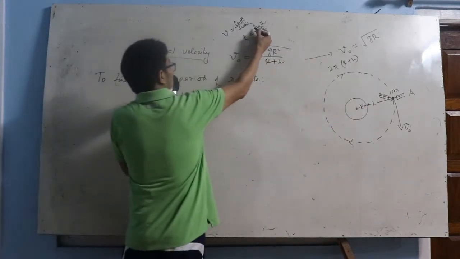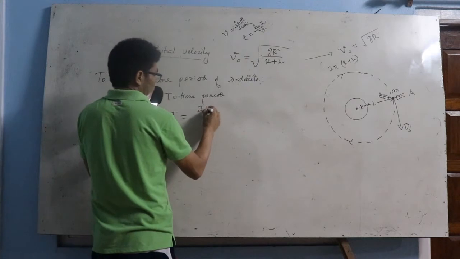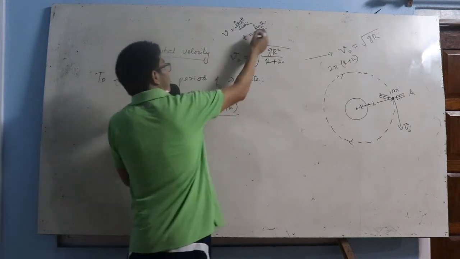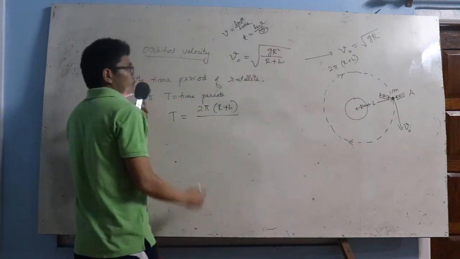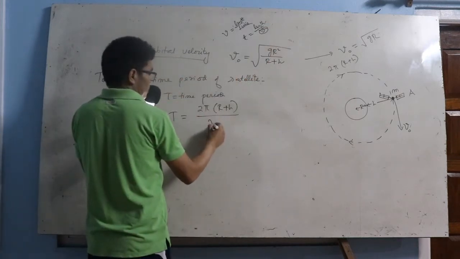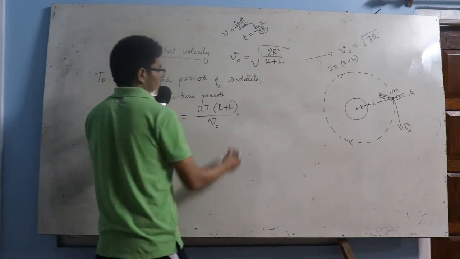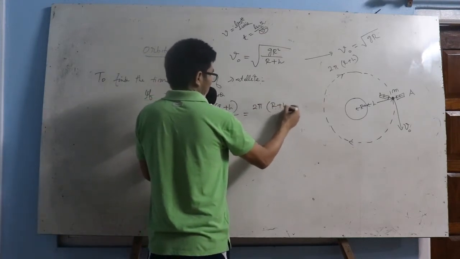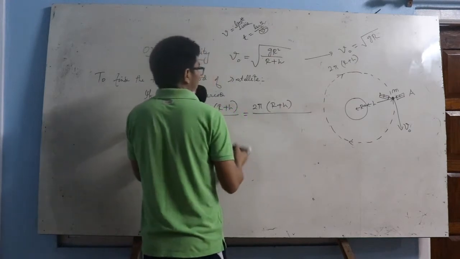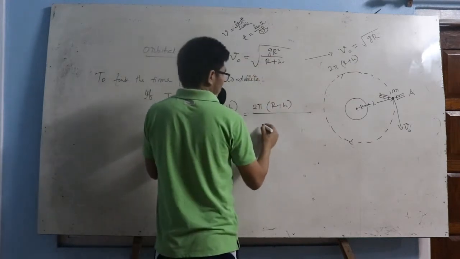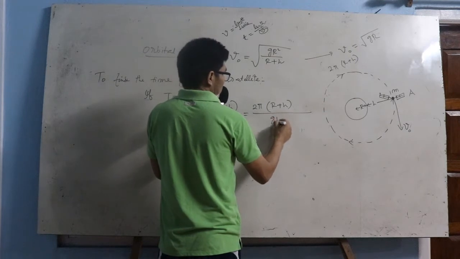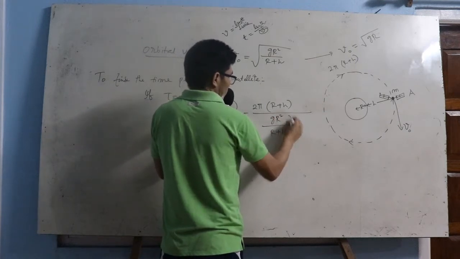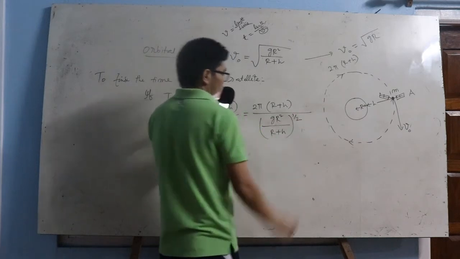So this whole length will be twice pi (R plus h) divided by v, the orbital velocity. So you can write down this VO here. So this is equal to twice pi (R plus h), then you can write this VO as g R squared divided by R plus h, whole power 1 by 2.